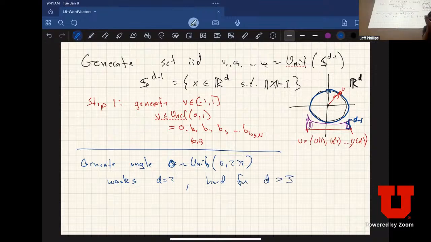You could probably do it in d equals 3, and the trig gets more complicated, but it's going to be tricky to get, again, the distribution right. Choosing the first angle, there are ways people have studied how to do this, but it gets really messy after d equals 3. So this isn't going to quite work for high dimensions either. Remember, I want to do this in like 300 dimensions.